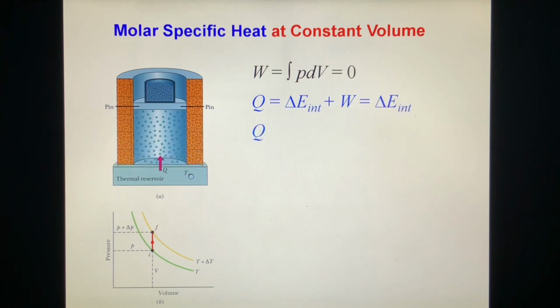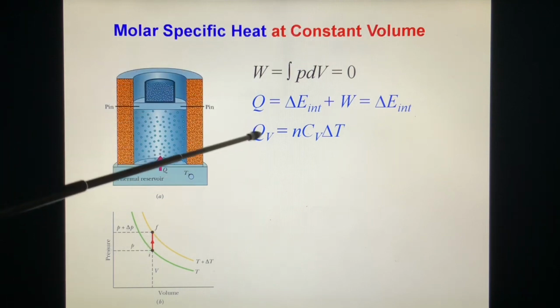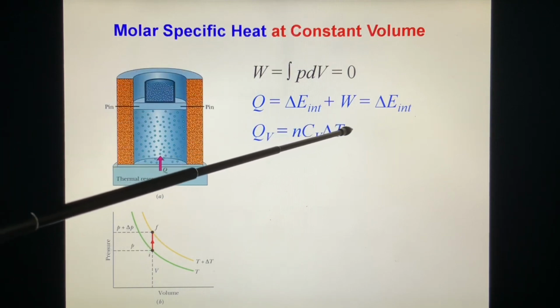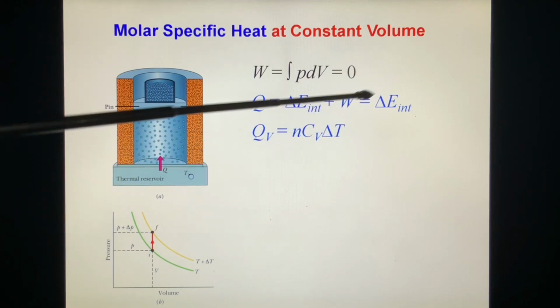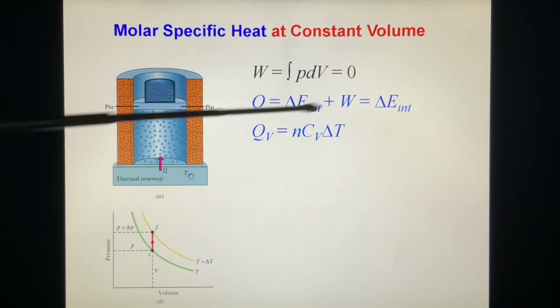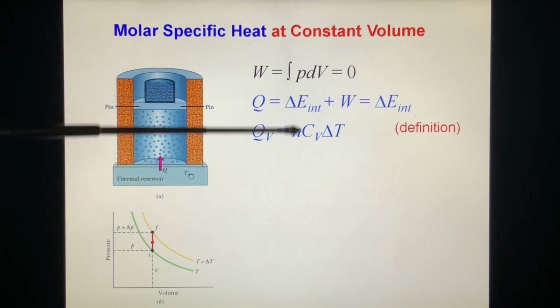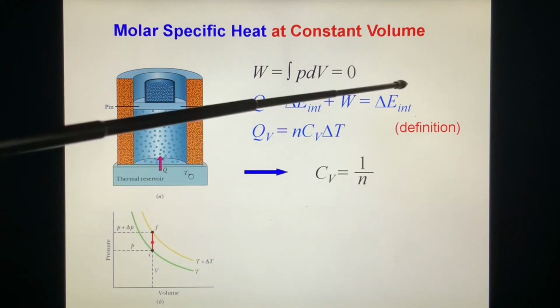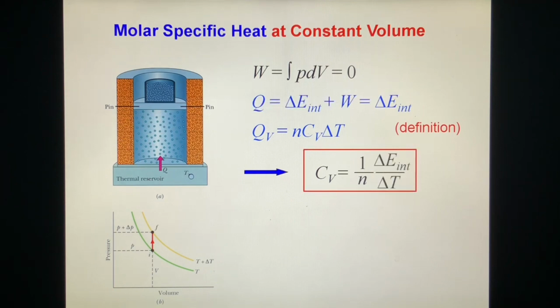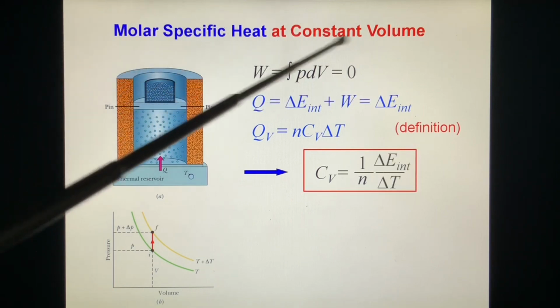And by definition, at constant volume, Q_V equals n C_V delta T. This is the definition. Then we get delta E equal to n C_V delta T, and C_V equals 1/n times delta E internal over delta T. This is the molar specific heat at constant volume.